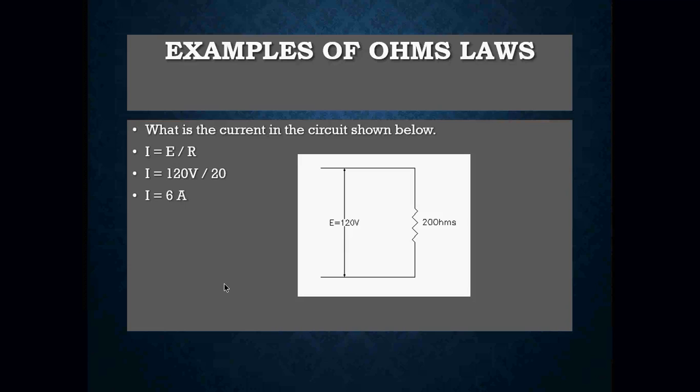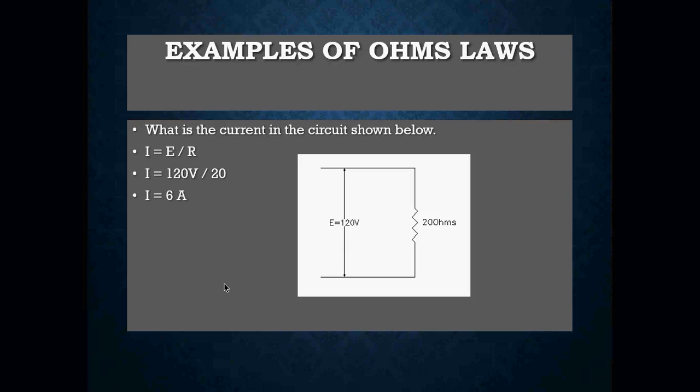To find that, we would use the formula I equals E divided by R. All we have to do is plug in our known variables, which is nice about Ohm's Law. As long as you know two variables, you can find out the third.